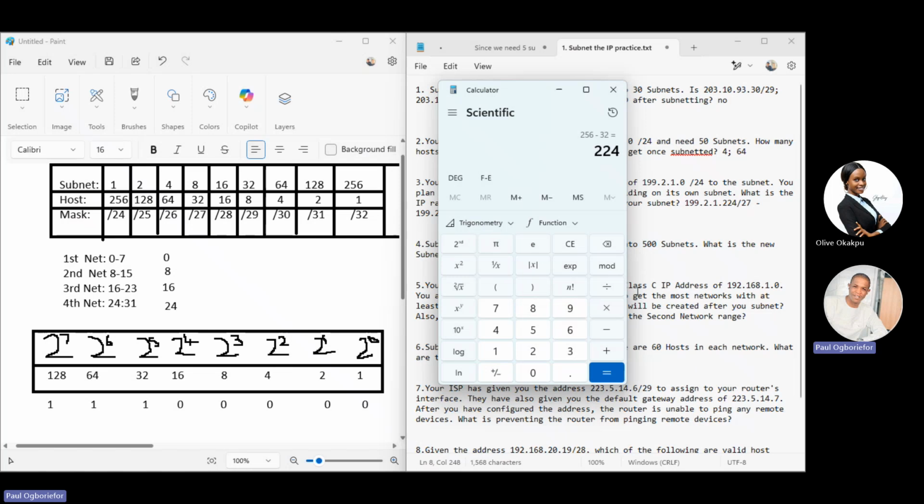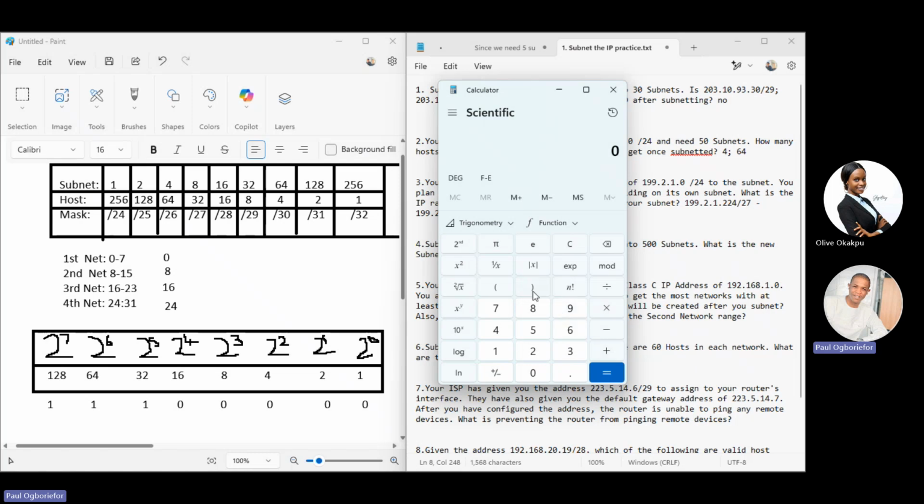So what we just need to do is to say, okay, each of the networks is 32. 32 is the network host for the first one. 64 is the network host for the second one.